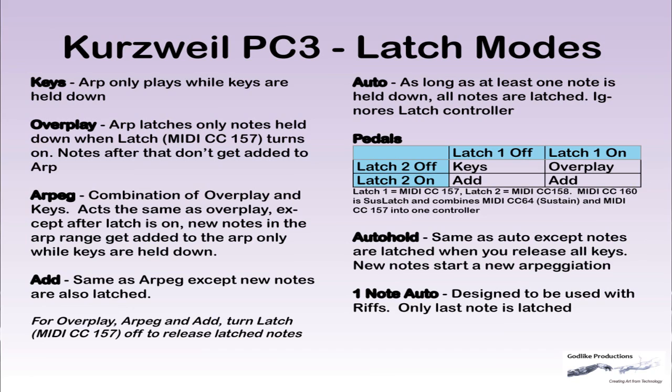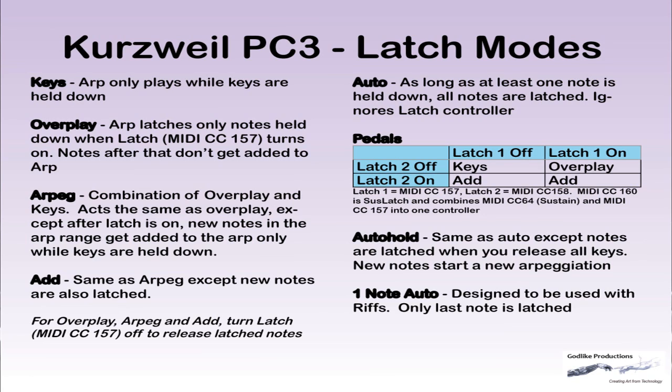And you need to turn the ARP off to get it to stop. That's the only thing about that, but that's the one I'm used to working with. So that's auto hold. Basically, you press a chord down, and it'll arpeggiate it, and it will keep doing that until you press another chord or until you turn it off.